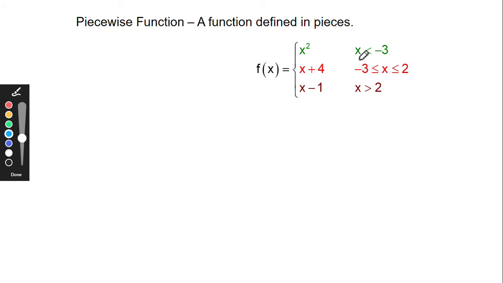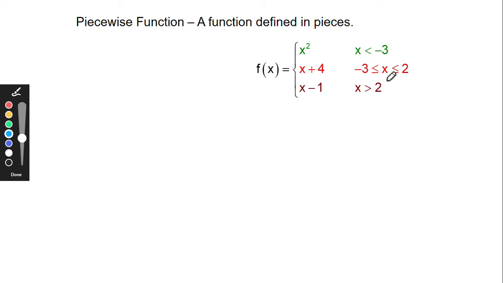This one is saying that x can be a number that is less than negative 3. This one is saying that x can be a number that is between negative 3 and 2, and also includes negative 3 and 2.